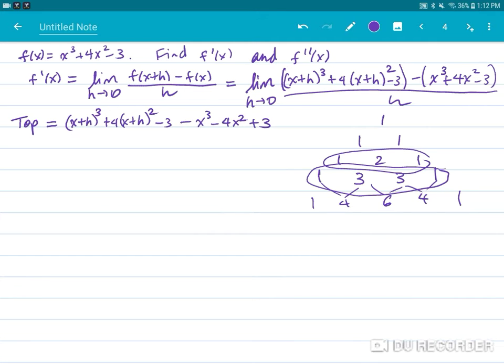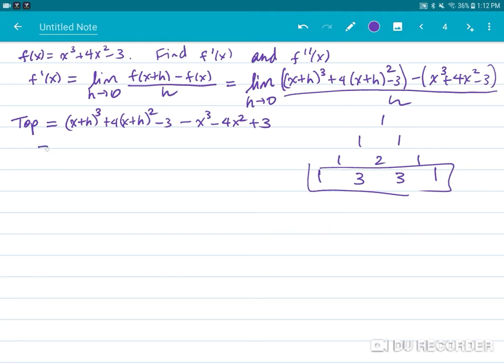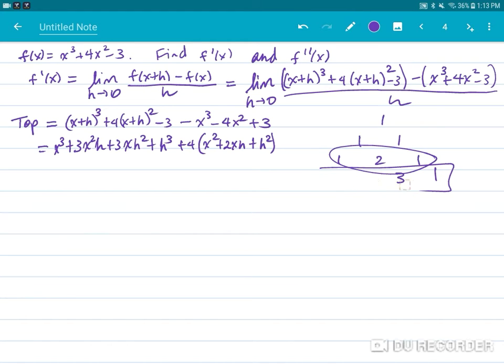But I want the cubic expansion, which is this one, and that would be 1 times x to the third, 3 times x squared h, 3 times x h squared, h to the third, plus 4 times, for the quadratic one, I'm going to use these: 1 x squared, 2xh, plus 1 h squared.